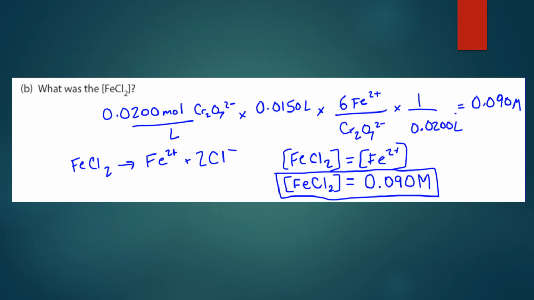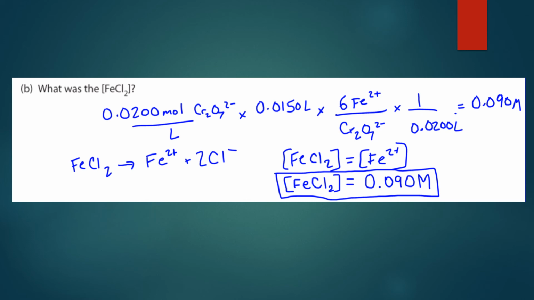And then we're going to go through our stoichiometry. So I'm starting with my standard. I have a 0.0200 molar solution. I multiply by the volume to get the moles of that dichromate. Cross the mole bridge, 6 irons for 1 dichromate, and then divide by the volume of the iron to figure out what my final concentration of the iron ion is.